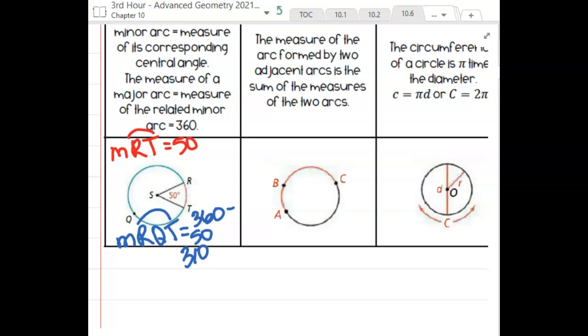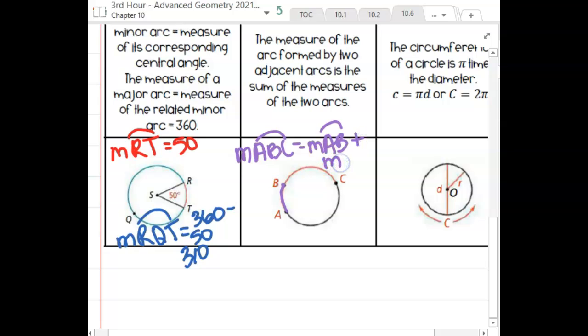So the measure of an arc formed by 2 adjacent arcs, 2 arcs right next to each other, you can add them together, they would give you the big arc. So in this example here, if I wanted to find the measure of that whole arc, arc ABC, the measure of arc ABC, I could take the measure of arc AB, so that little chunk right there, plus the measure of arc BC.